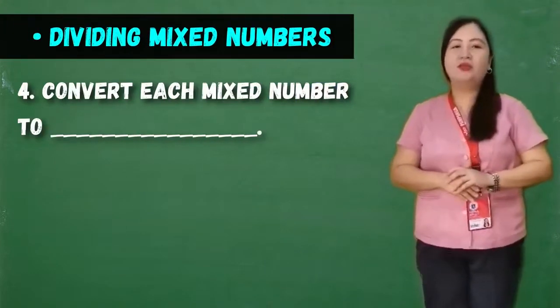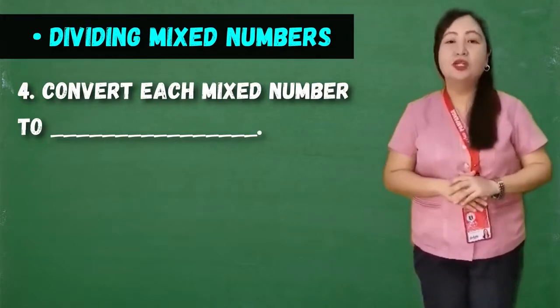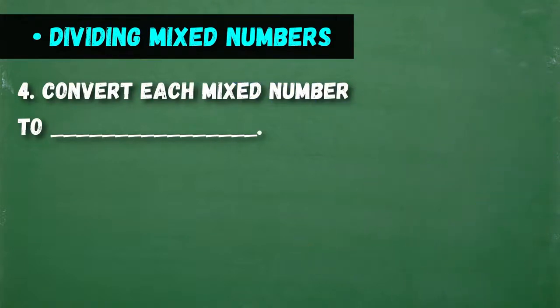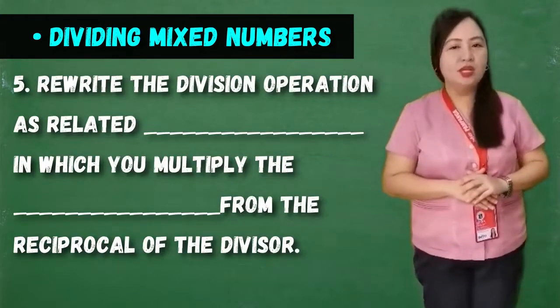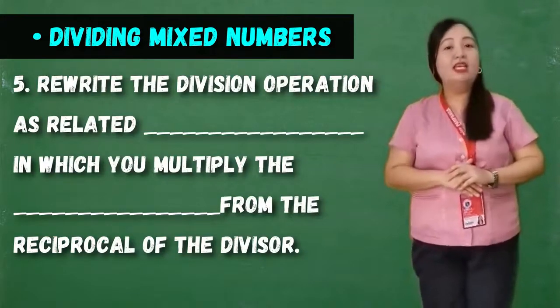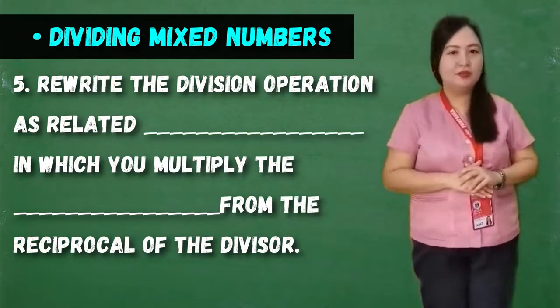In dividing mixed numbers, number 4, convert each mixed number to blank. 5. Rewrite the division operation as related blank in which you multiply the blank from the reciprocal of the divisor.